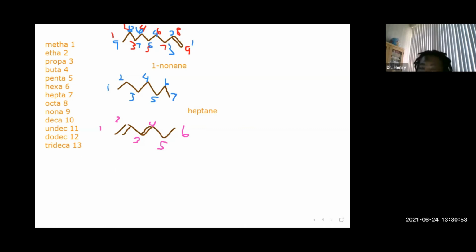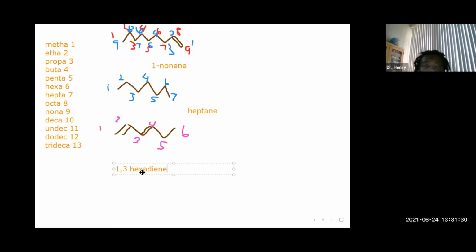So we would say for this guy, it's 1, 3, and then it's 6, so it's hexa or hex. And then instead of saying ene, we want to know that there are 2 double bonds. So we say diene. So we call this guy hexadiene. Okay, so it'll be 1,3-hexadiene.